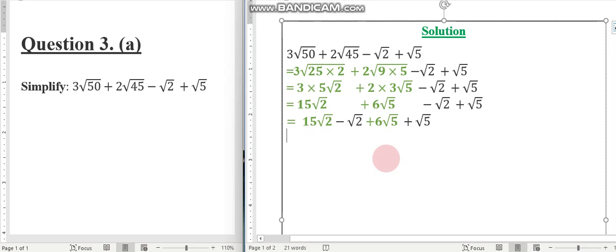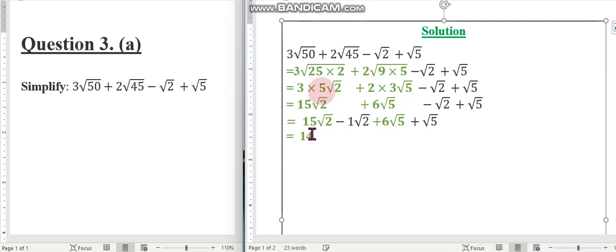So this is the rearranging. As you can see, that 15 root 2 minus root 2. The root 2 over here is having a 1 here, which is not written. So if you like, you can put it there, and that will help you to do the subtraction. So 15 over here minus that 1 will give us 14.